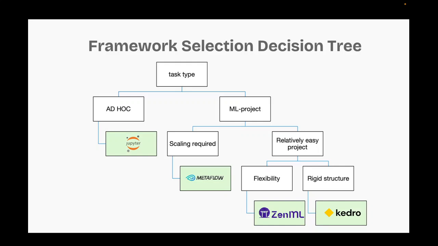So when selecting an ML framework, the first question is, what type of task are you dealing with? If you are here, for example, for ad hoc analytics, there is no need to complicate things. If you're conducting, for example, a one-time analysis, such as retro testing a dataset from a provider to evaluate their features or scores, keep it simple. Just use Jupyter Notebook plus an AutoML library like LightAutoML, and that will do the job efficiently.